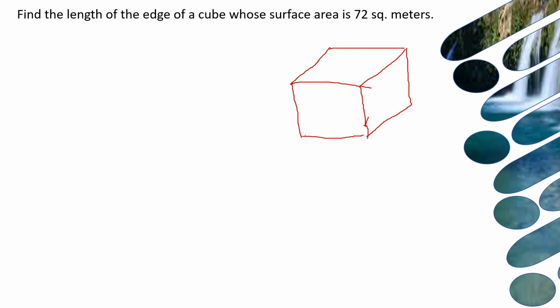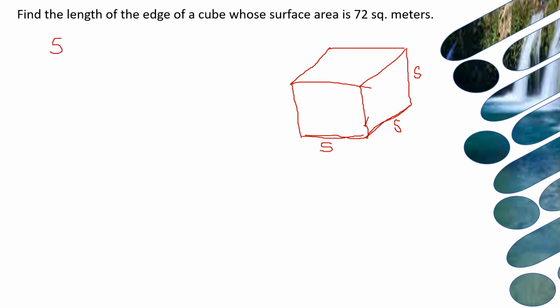Since the sides of a cube are all the same, we will just label them with S: the height S, and the length and width S. Now, there are 6 faces of a cube: one for the top, one for the bottom, one for the left, one for the right, one in front and one at the back.